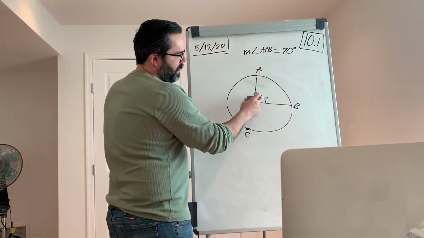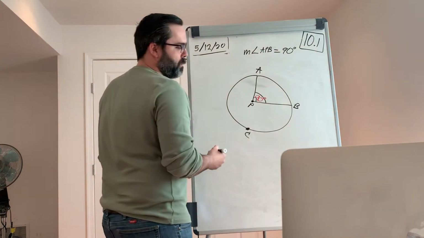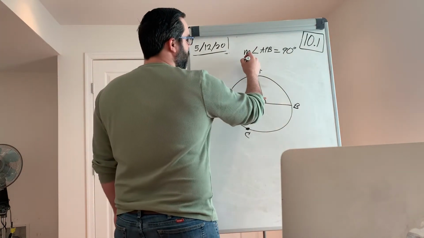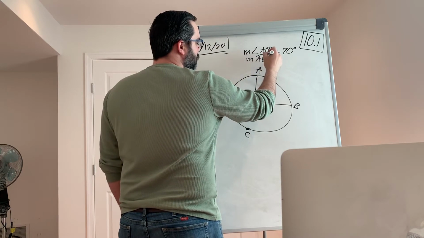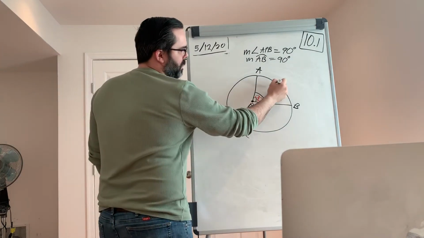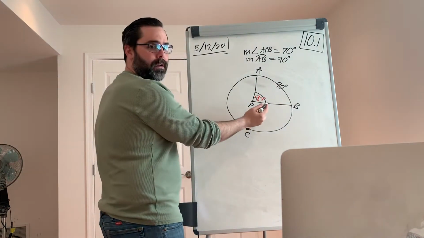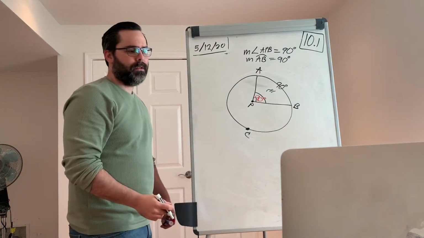Doesn't this angle here look similar to this one here? Well, it is. These are called congruent. We would say the measure of arc AB is also 90 degrees. So if this is 90 degrees here and this is 90 degrees here, we can say these two things are congruent. All right.